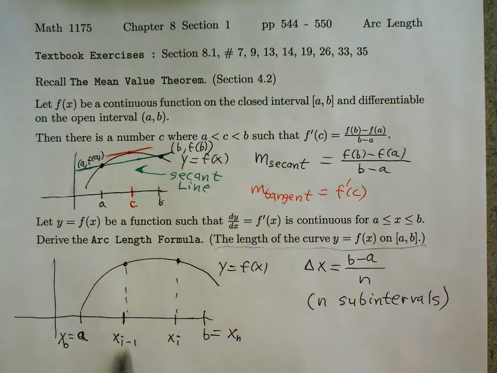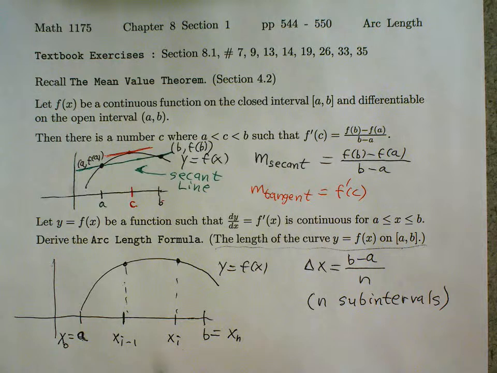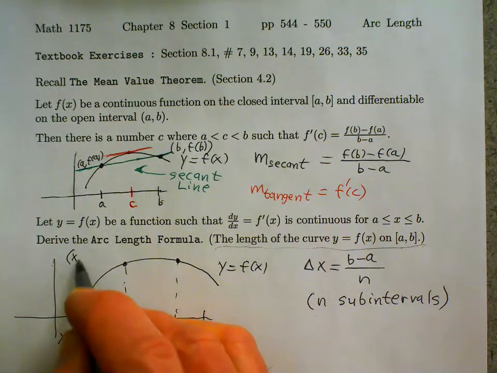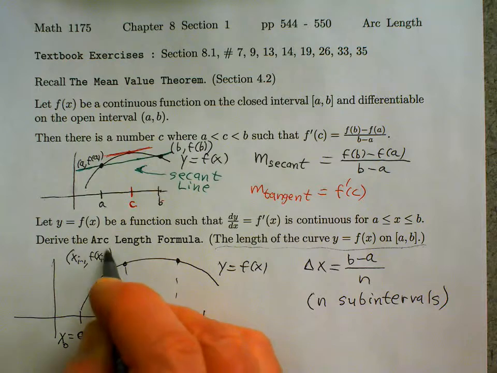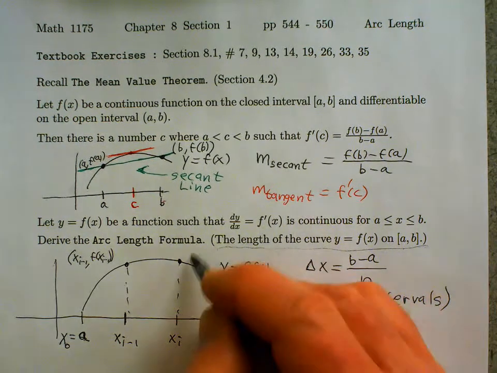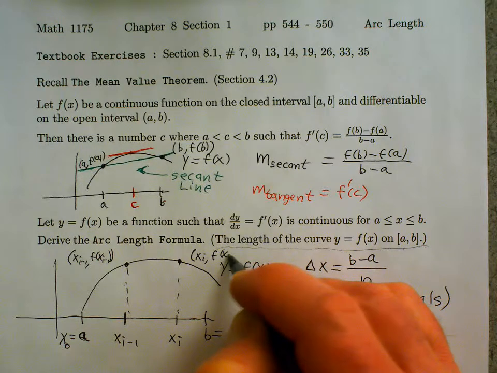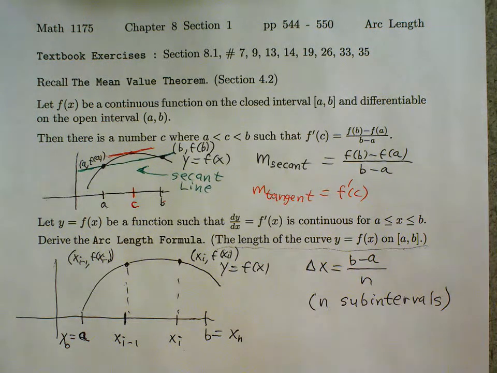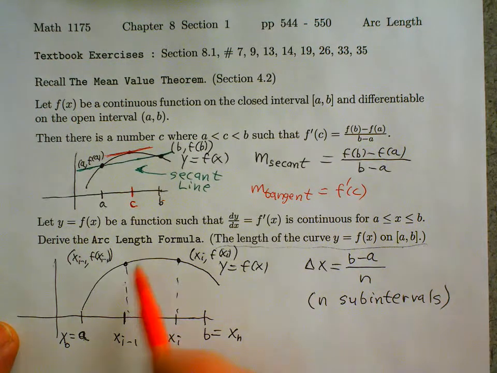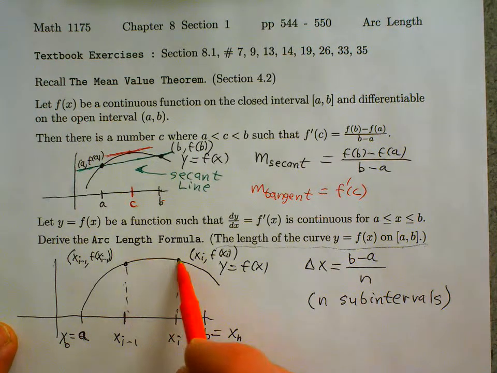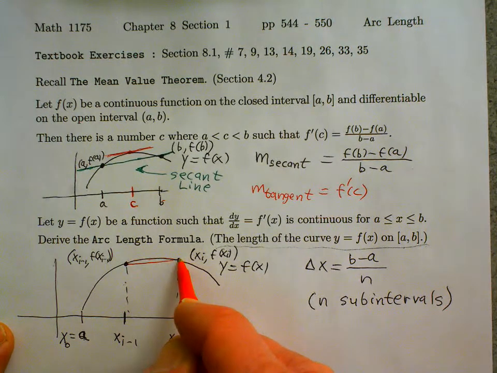Corresponding to those 2 points are the ordered pairs x of i minus 1, f of x of i minus 1 on the graph. The other point is x of i, f of x of i. So an approximation for the length of the curve on this interval is the length of the line segment that connects those 2 points.